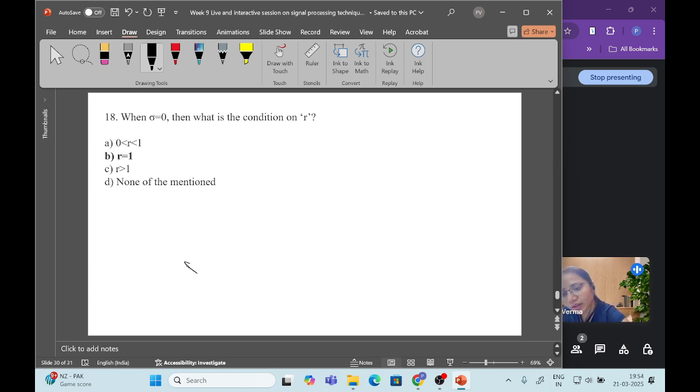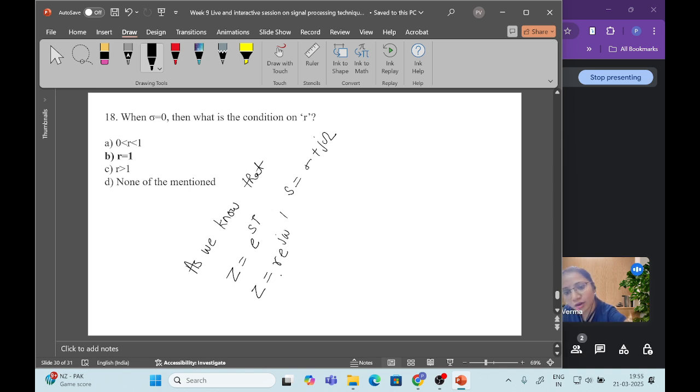As we know, Z is equal to e to the power sT, right? And we already know that s is equal to sigma plus j omega, and also that Z is equal to R e to the power j omega.